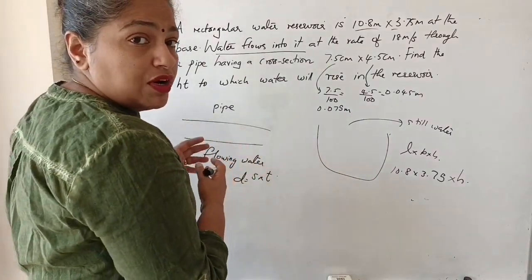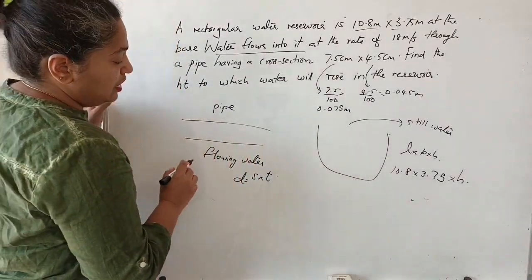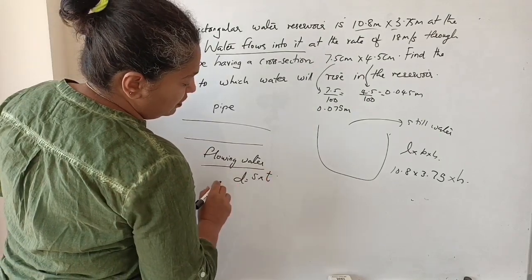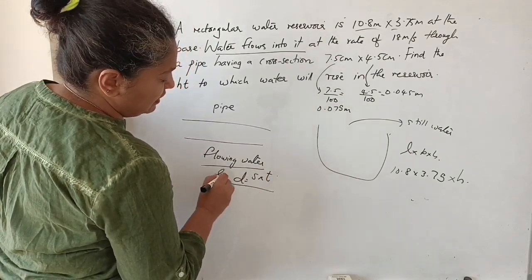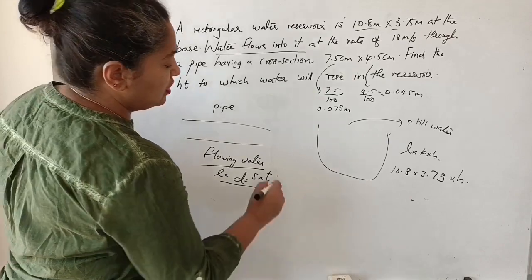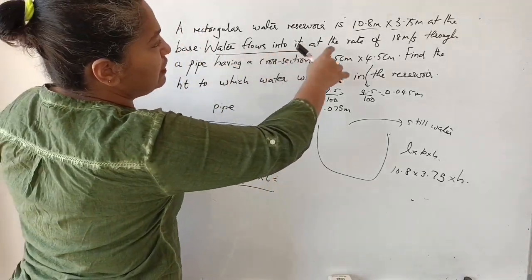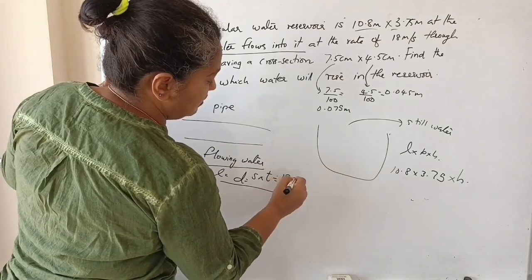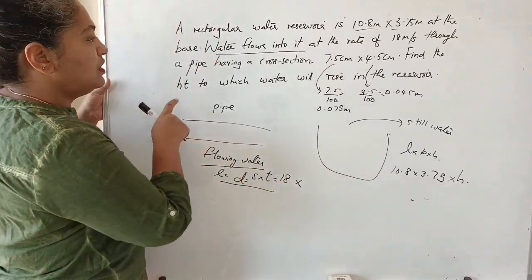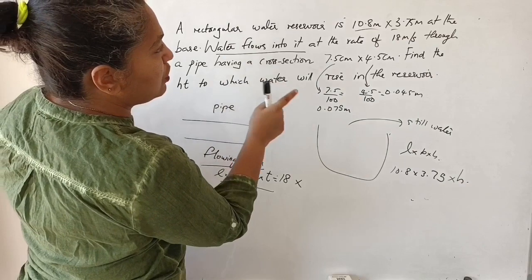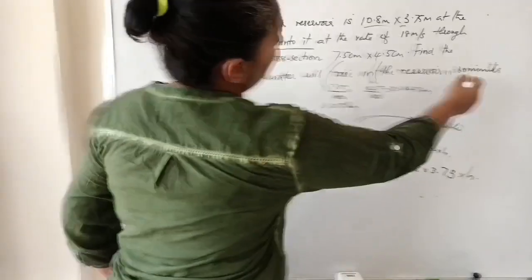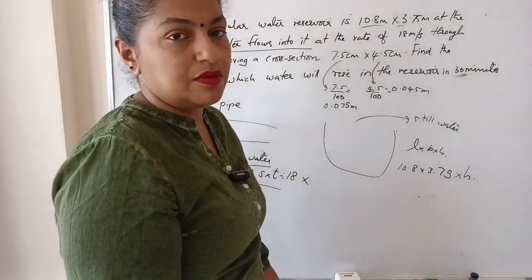Now we have the volume of the pipe over here. Now you have flowing water. The length of the pipe is given by the distance covered by the water, which is speed into time. So what is the speed of water? Water flows into it at a speed of 80 meters per second into time. Now, for how long is the water flowing? Forgot to write the time, which is 30 minutes.